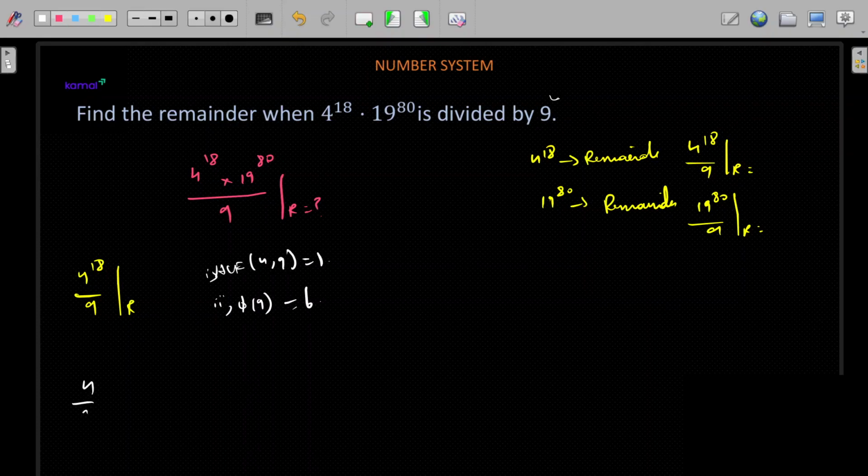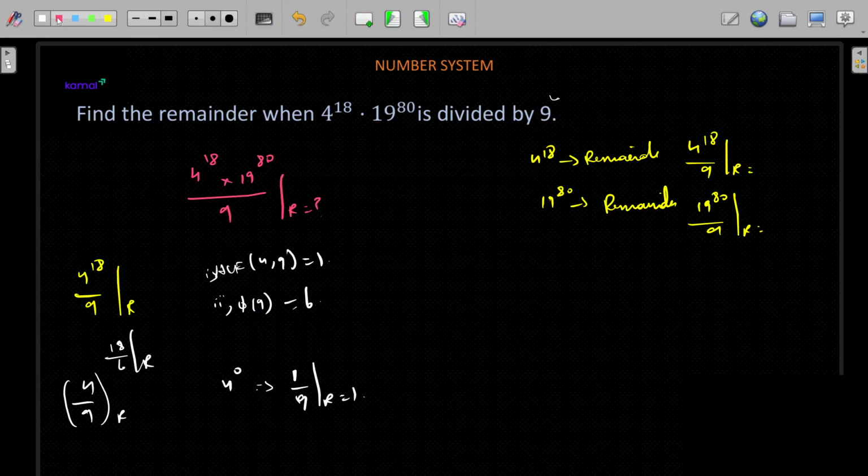It will become 4 by 9 remainder and 18 by 6 remainder. We know 4 by 9 the remainder is 4, and 18 by 6 remainder is 0 because 18 is a multiple of 6. Yes or no? It will become 4 power 0, which is equal to 1. So 1 by 9, my remainder is 1.